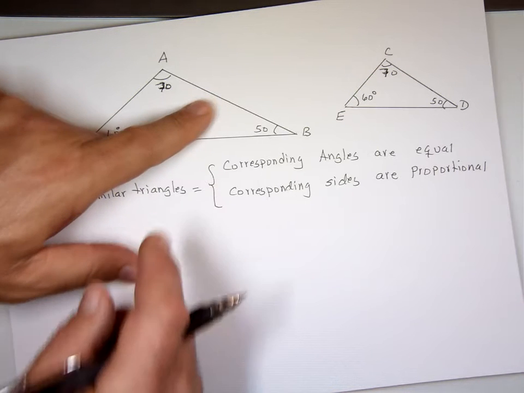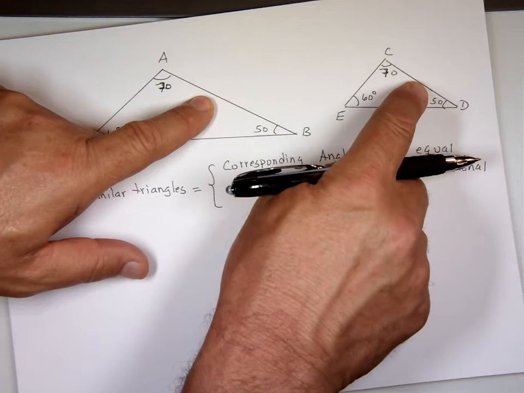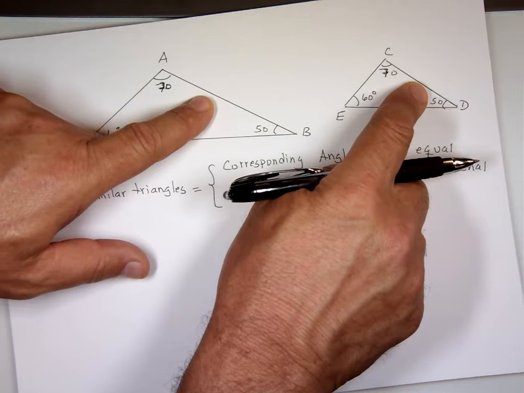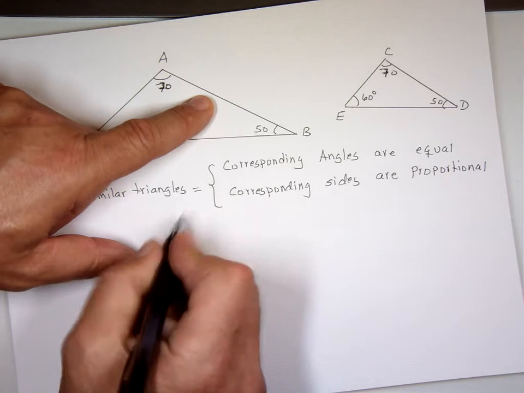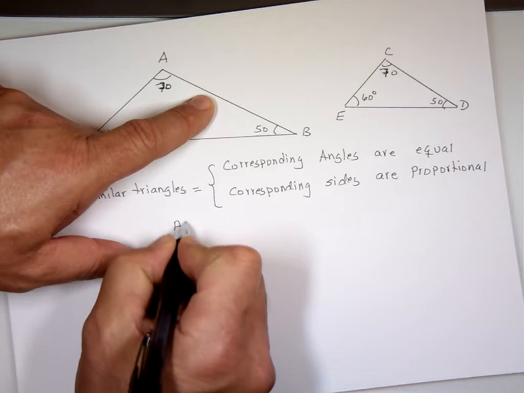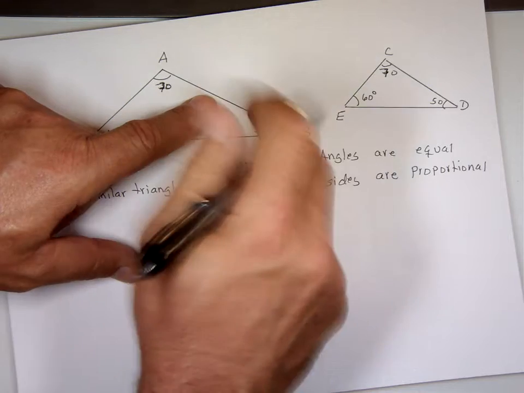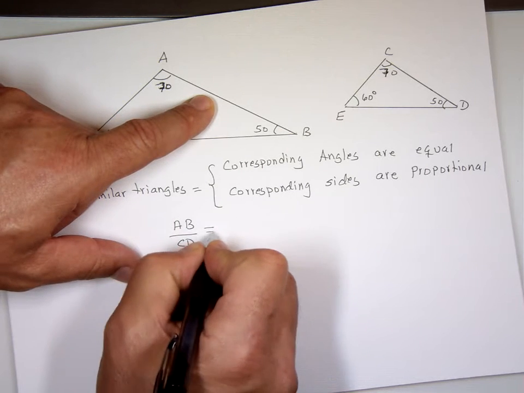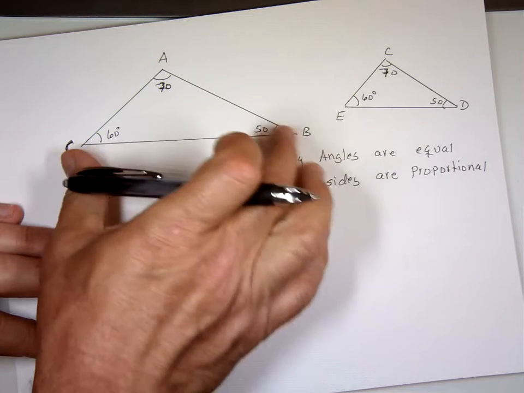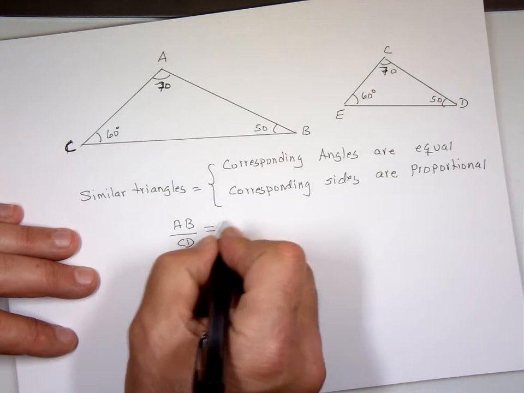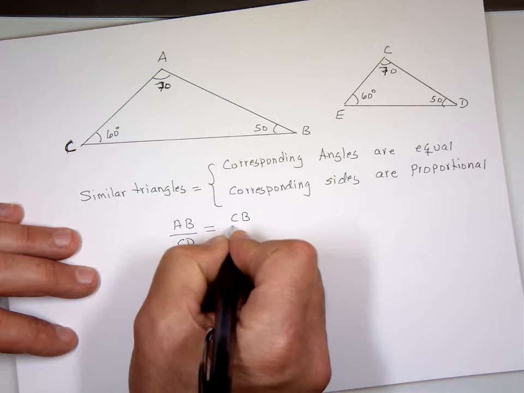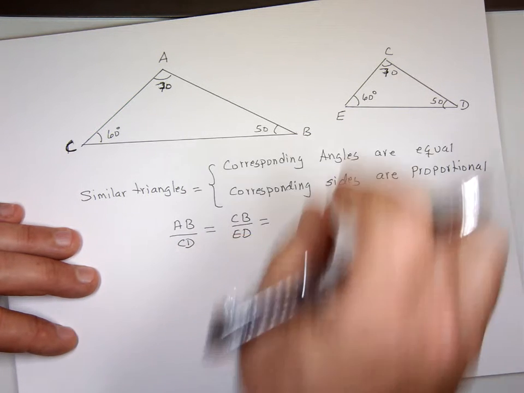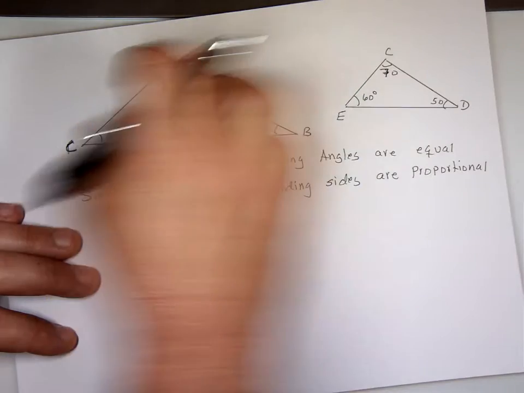The ratio of the length of this side to this side, the ratio of AB, should be the same as the ratio of this side to this side, which should also be the same as the ratio of this side to that side.